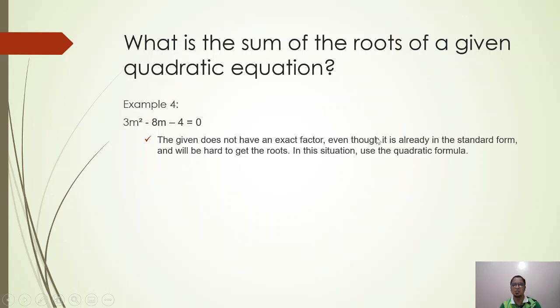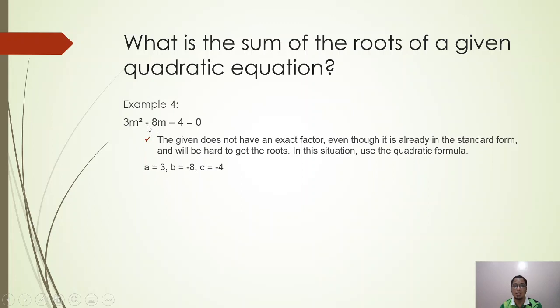What again, Sir, is the quadratic formula? That is what I actually sang last time. But before that, let's identify first. Our first step, if it is in standard form, is to identify the values of A, B, and C. Our A is 3.